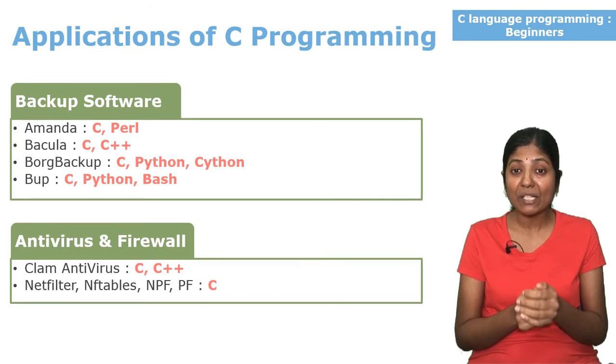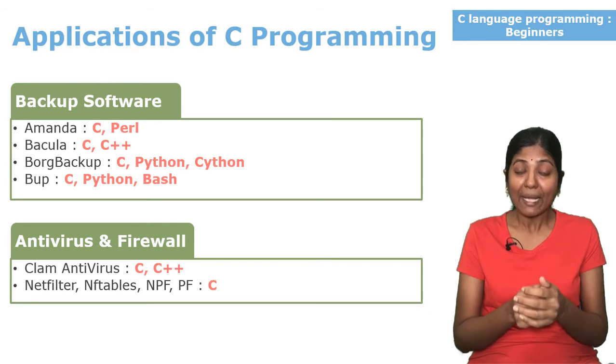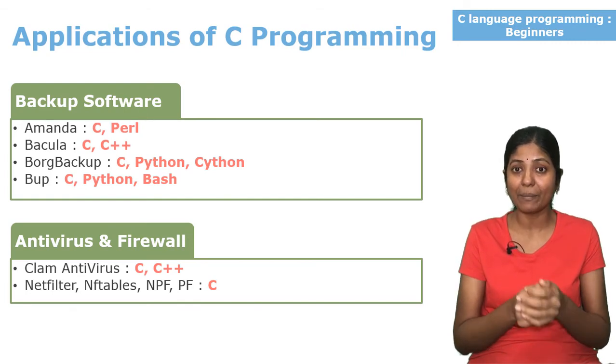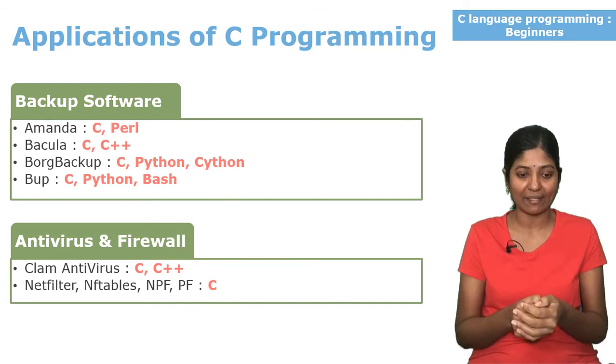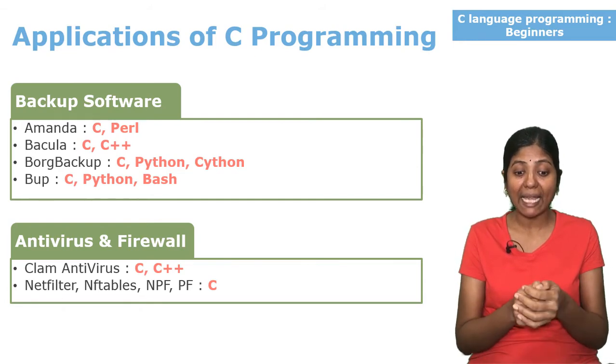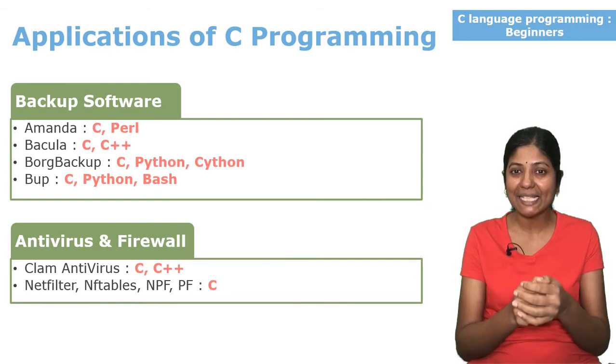They must be installed in our system to protect our information from external attacks. Antivirus software like ClamAV, usually we call it ClamAV, where AV means antivirus. And firewalls like Netfilter, NFTables, NPF and PF were also developed using C language.